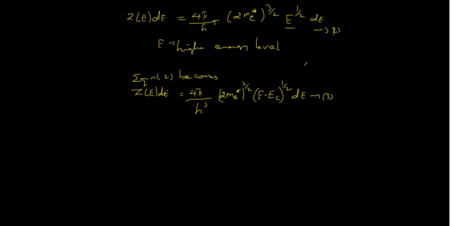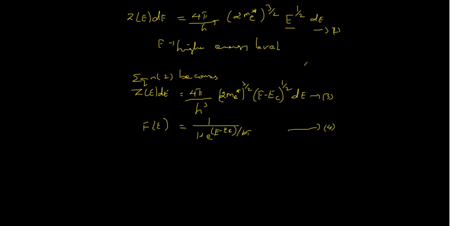So already we know the value for f of E, that is the Fermi energy distribution function. f of E is equal to 1 by 1 plus e power E minus EF by kT, where k is the Boltzmann constant and T is the absolute temperature.